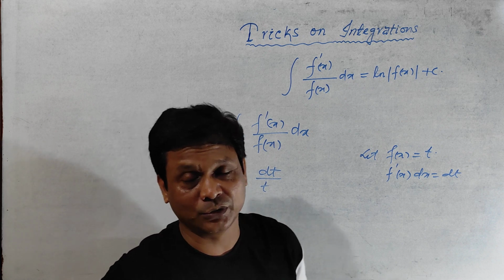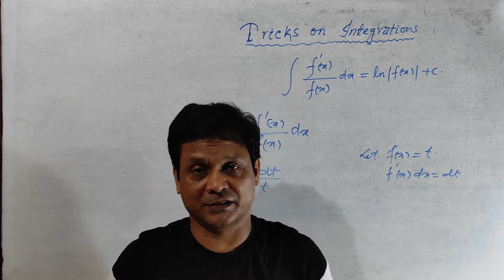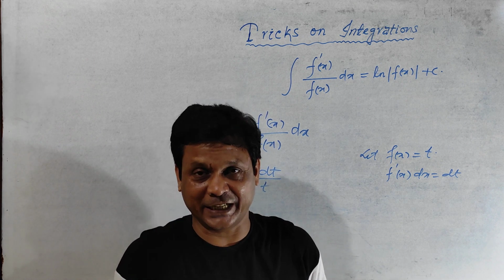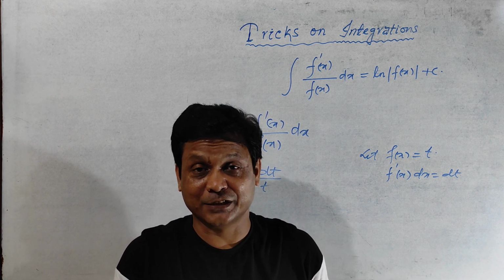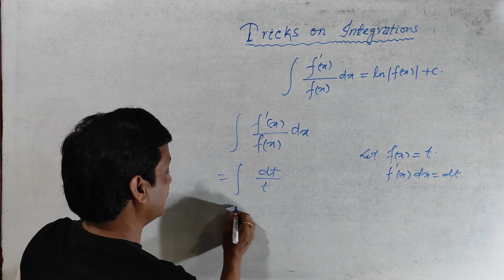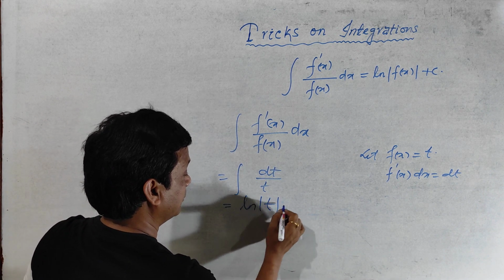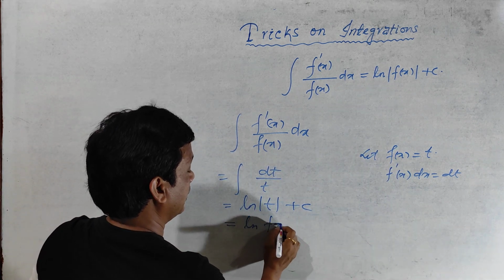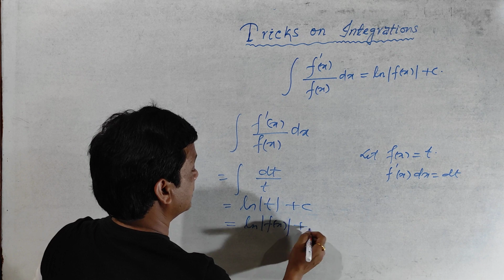And already you know integration of dx by x is ln of mod x. So dt by t is ln of mod t plus c. What is t? It is ln of mod f of x plus c.